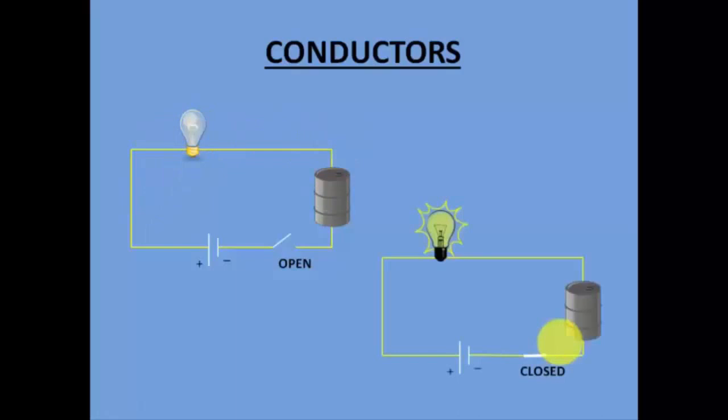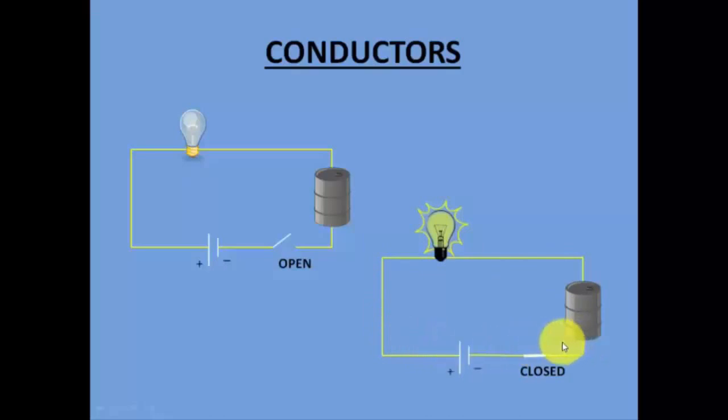Now see what happens as soon as I close this key. The negatively charged electrons will find their way and pass through this drum, and immediately the circuit is complete. They will flow from the negatively charged end of the battery through this drum and again towards the positive end of the battery.